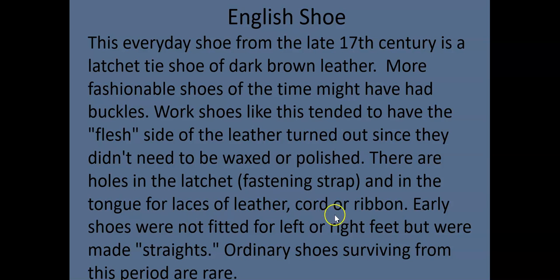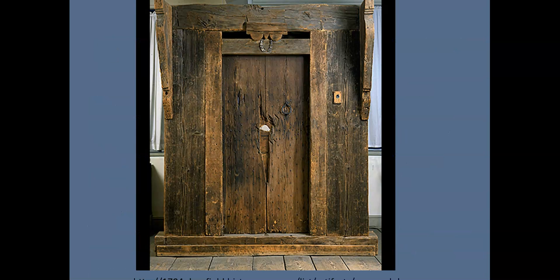In the tongue for laces of leather, cord, or ribbon. Early shoes, like this, were not fitted for left and right feet. They were made straight. So this is not a left shoe or a right shoe. It could go on either foot. Ordinary shoes from this period are rare. So that would explain why it was in 2 sets of protective containers.